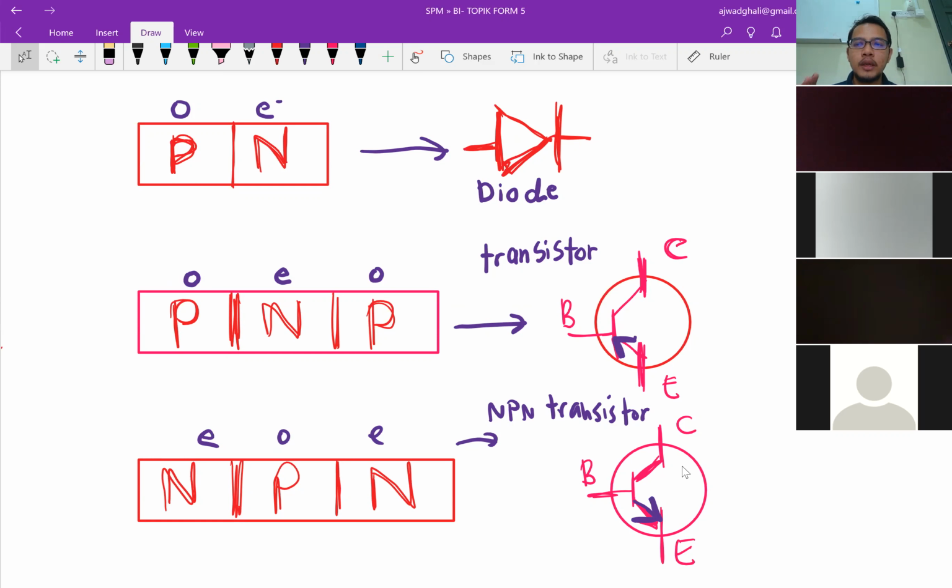Then you need to know what the output is if you connect to a battery, and what the output is if you connect to an AC supply when the time base is on and when the time base is off.